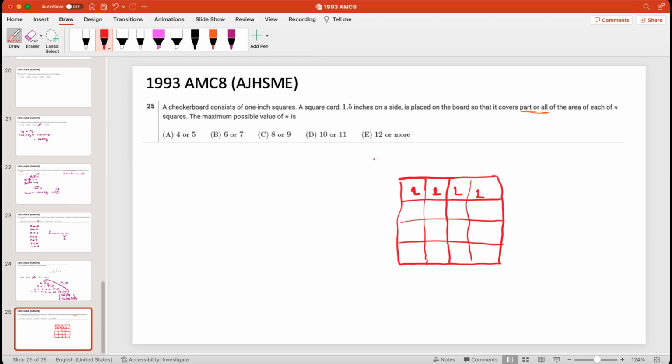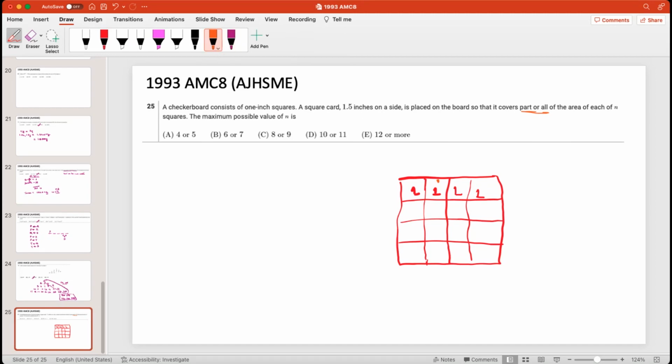What are we trying to do? We are going to take a 1.5 inch side square card and place it on the board, and it will cover up some squares. So for example, if I take this, 1.5 inch, so this is 1 inch, right? So 1.5 inch is going to be here, correct? Let me take a different color.